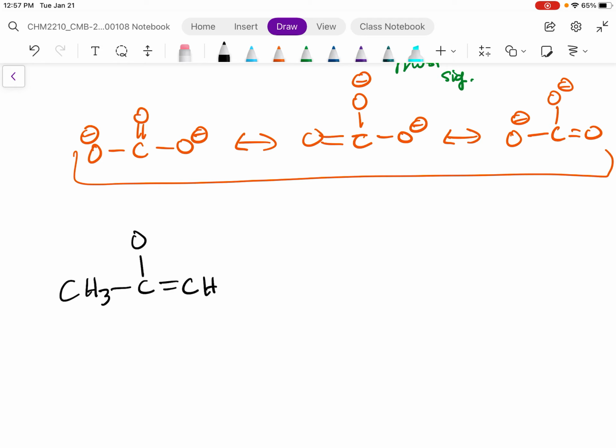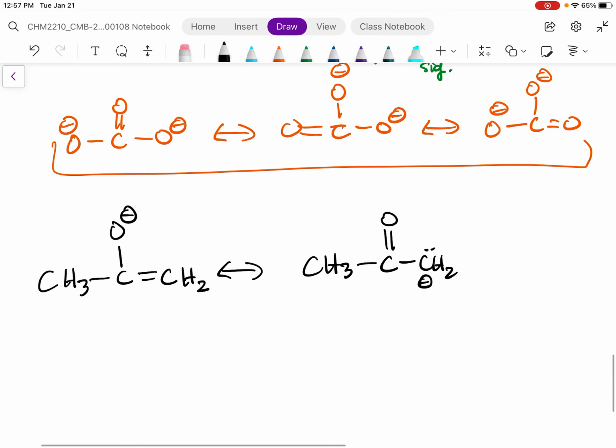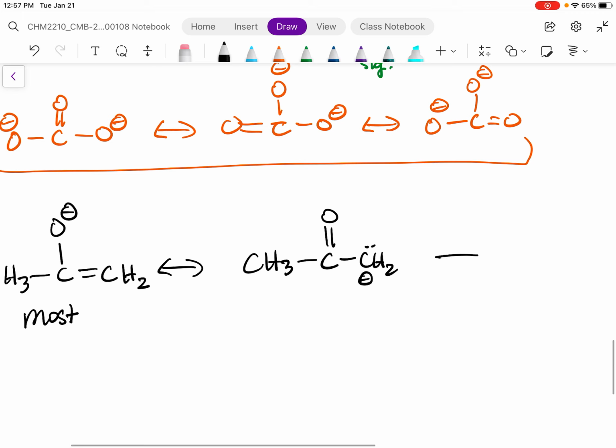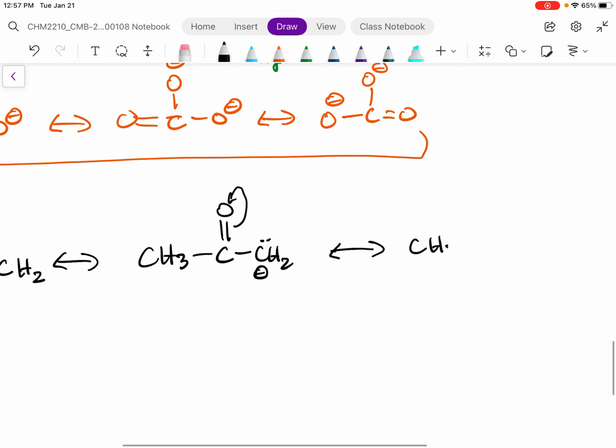That was negative. Okay, we've already seen that one before right there. But now what I want to do is, with that example that we've already gone over, we know this one's the most significant, right? Could we draw another resonance structure? What if I just drew that going there? Then we would have something that looks like this.